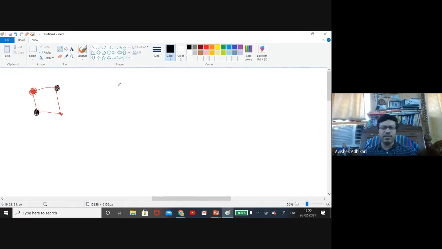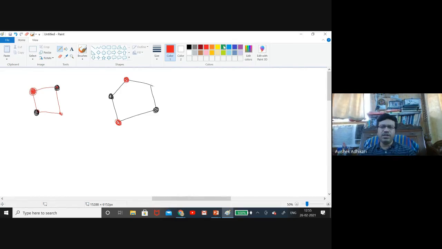But if I have, say, a cycle of length five, then how many colors? Suppose I start with red, then black, then red again, then black, and then you will be left with one vertex. You cannot give it red, because then it would be adjacent to a red vertex.